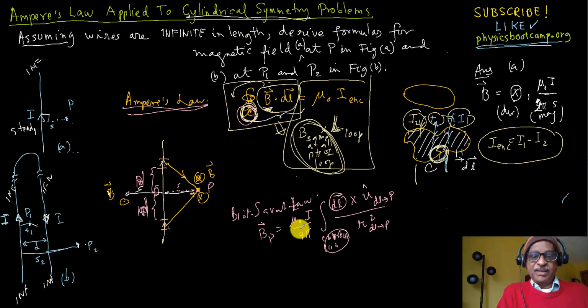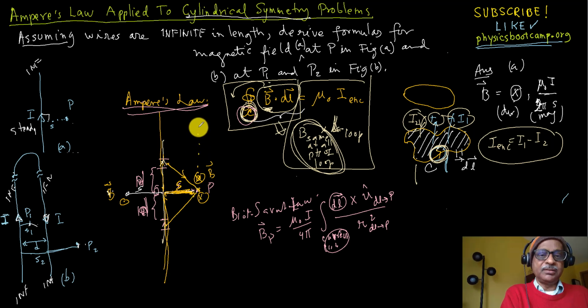Another thing I notice is that because of the symmetry, it cannot depend on this. This is going all the way to infinity, this is going all the way to infinity, so it can't depend on the direction along the wire, because there is no unique point P along this direction. If this was the z-axis, it cannot depend on z.